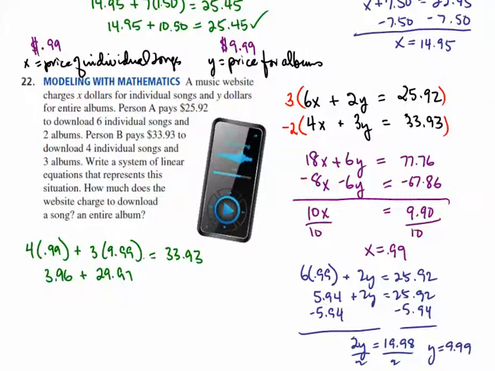And the question is, does that equal $33.93? And you plug them into your calculator, you will see that they do. Okay, we'll go on to the final problem in this section.